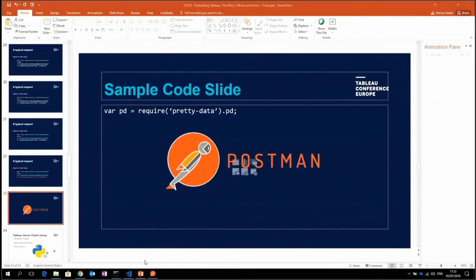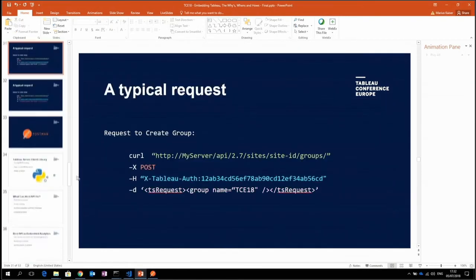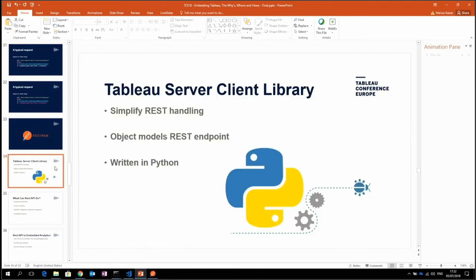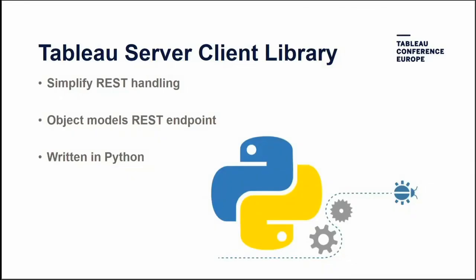So this is a great way to get started with the REST API and understand how it functions, what you can use it for, what is possible, what the capabilities are. And then we are also sharing a client library around the APIs. It's a wrapper around the APIs to simplify the handling of the REST API calls.